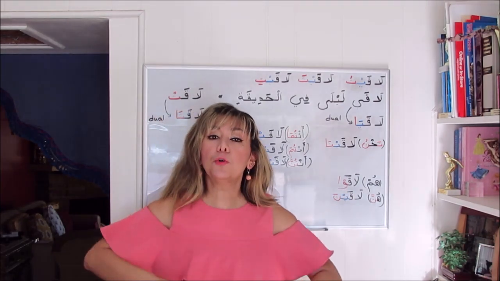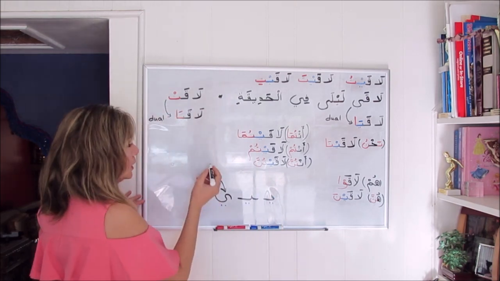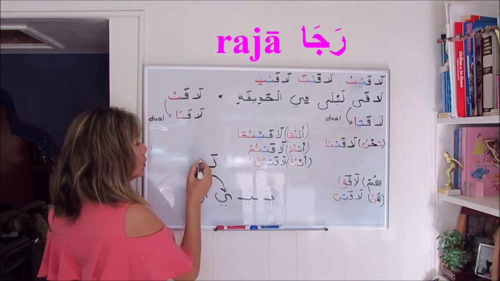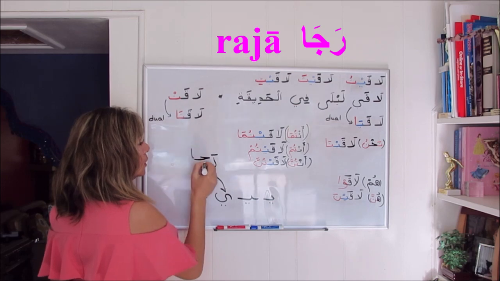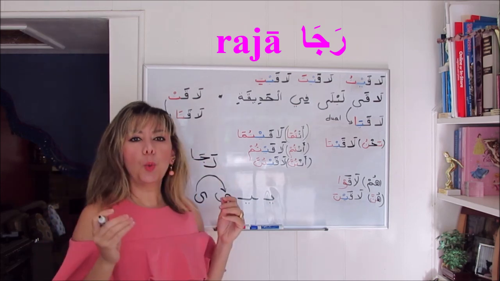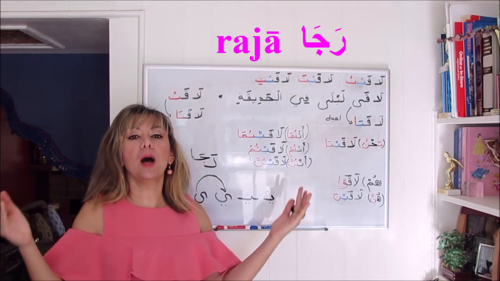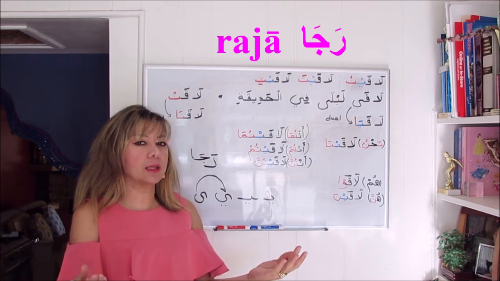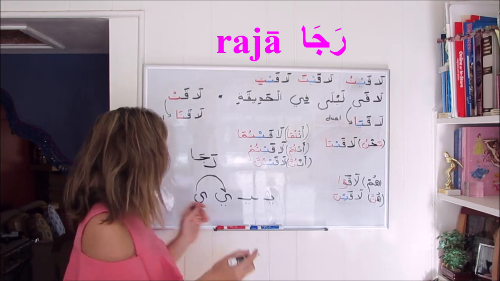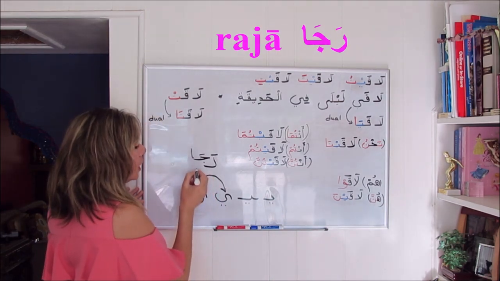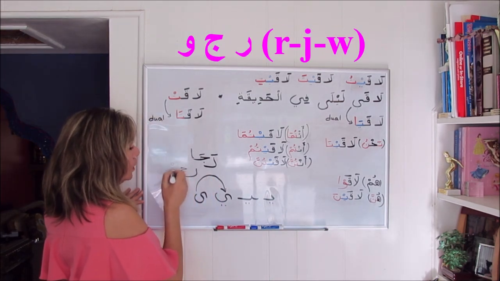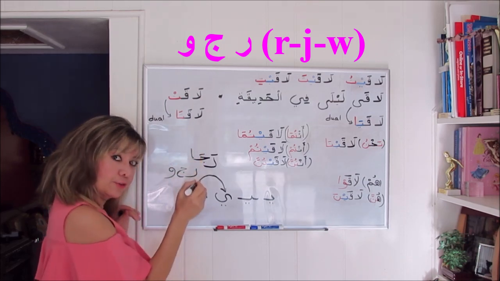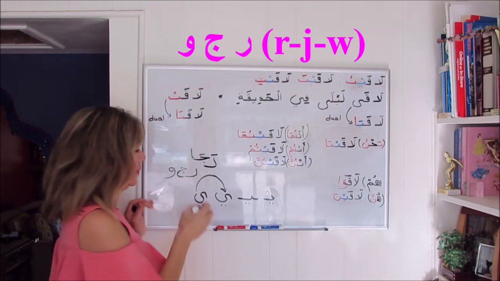So with the verb raja, for example, raja, meaning to wish for something to happen or to beg someone for something, to ask for something. From the root ra, jim, waw. So this alif turns to a waw.